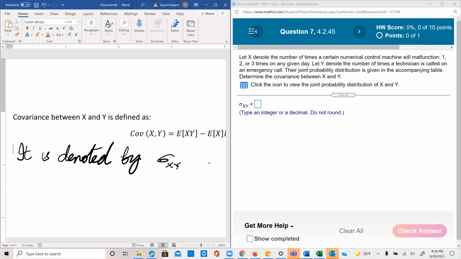Now you know that E of xy is the summation of xy against the joint probability function in the discrete case. In the continuous case, it would be the integral.